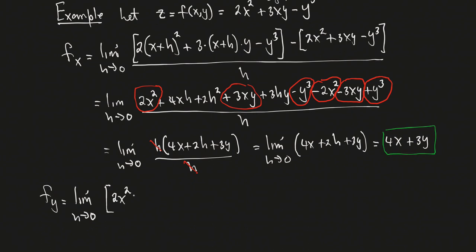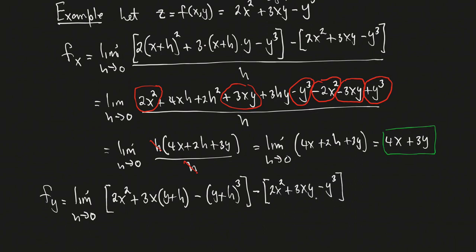So 2x squared plus 3x, and now this y is going to be replaced with y plus h, and then minus this y cubed is going to be replaced with y plus h cubed. And then minus f of x y. This term right here is going to be exactly the same in this difference quotient. It's going to be 2x squared plus 3xy minus y cubed, and then all over h.